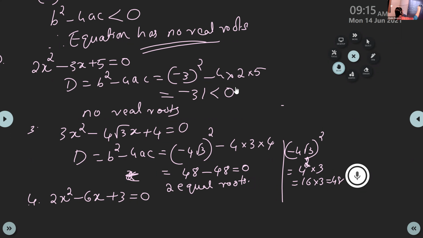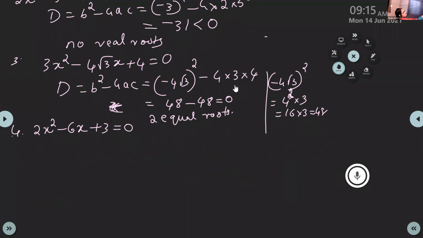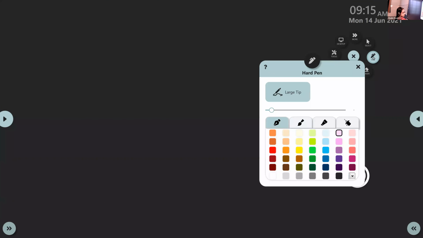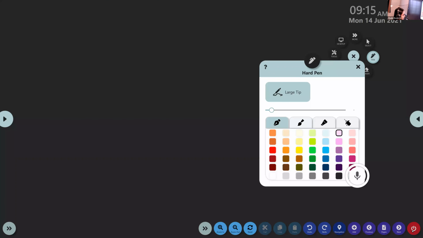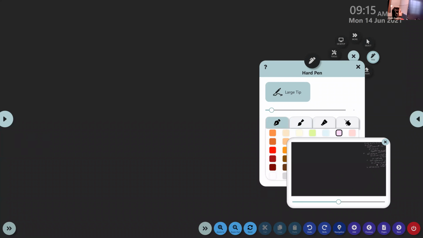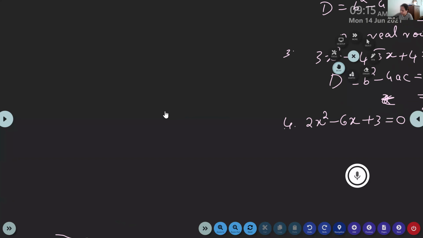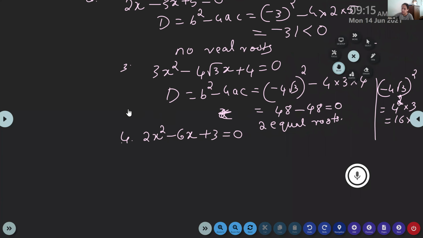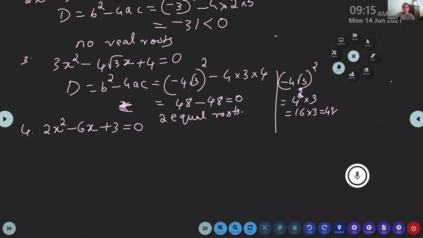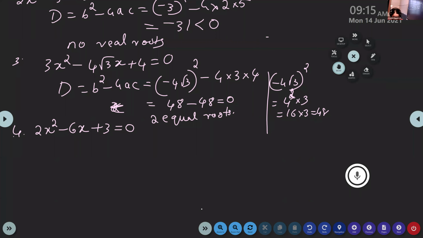Isha, what was the next answer? D is what, Isha? Okay, Isha, D equal to 12. b square minus 4ac, 4ac is minus 6 square minus 4 into 2 into 3.